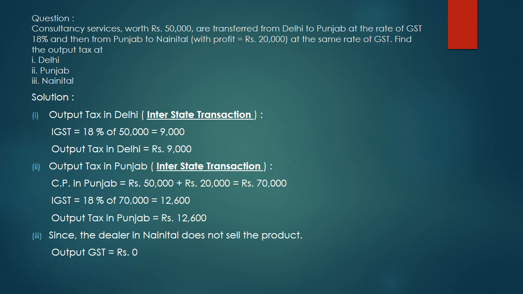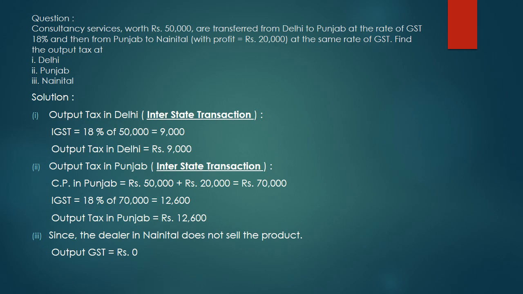Second part, now the services have been transferred from Punjab to Nainital. Again, it is an interstate transaction from one state to another state. So only one tax will be calculated here, that is IGST. But during this transaction, there is a profit of rupees 20,000.